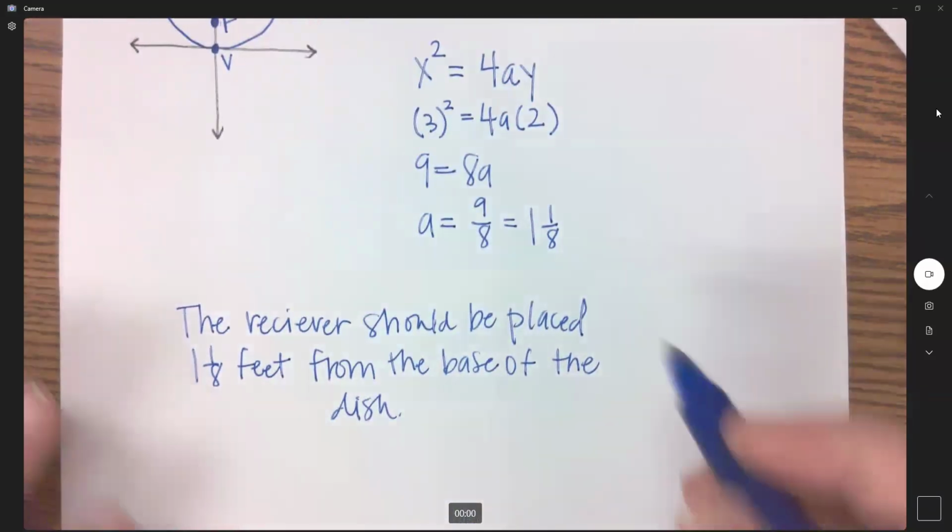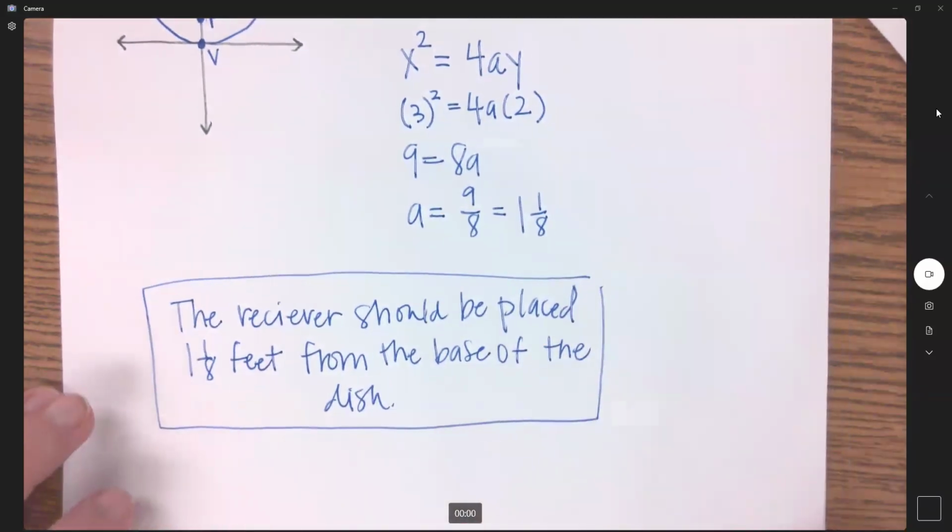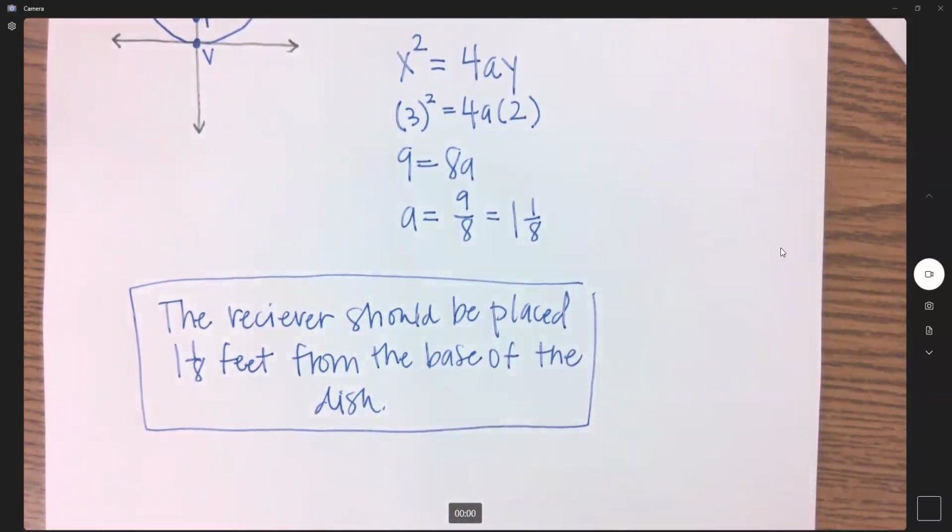I guess you couldn't see anything I was writing. Sorry about that. Okay, the receiver should be placed 1 1/8 feet from the base of the dish.